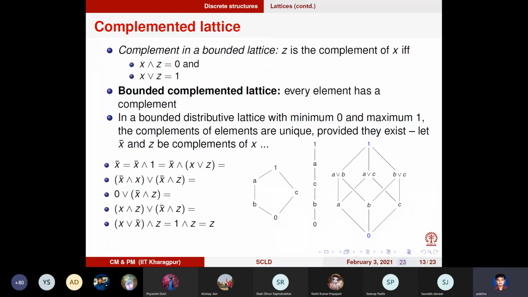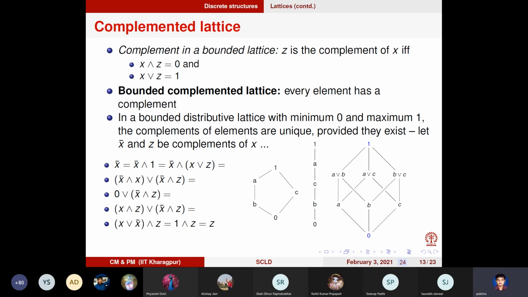Since this symmetry is there, distributivity, associativity, everything will still hold. If it holds with one assignment of 1, 0 and one use of meet, it will also hold for the dual. Associativity, absorption, everything will hold for the dual too. So this is known as the principle of duality.